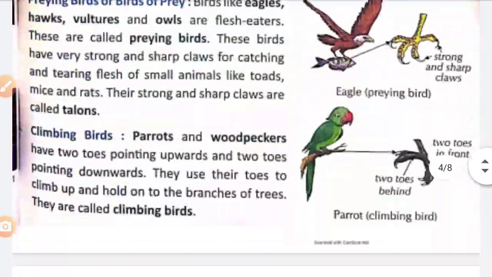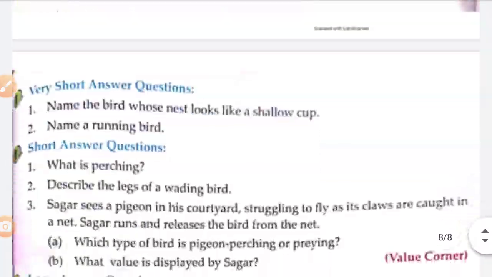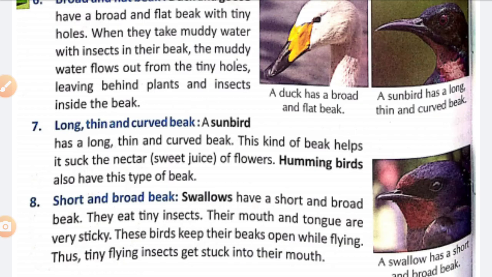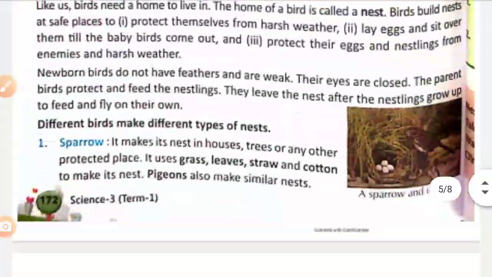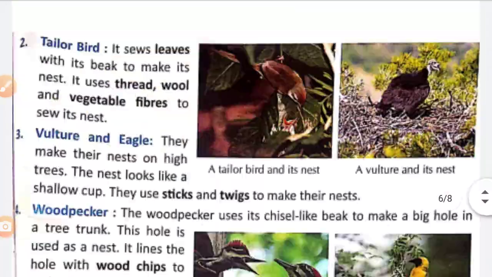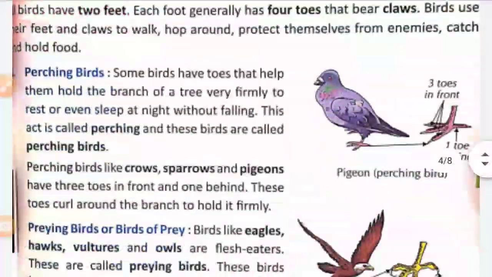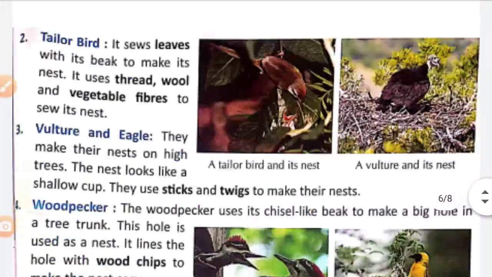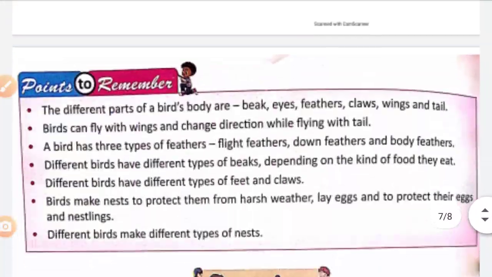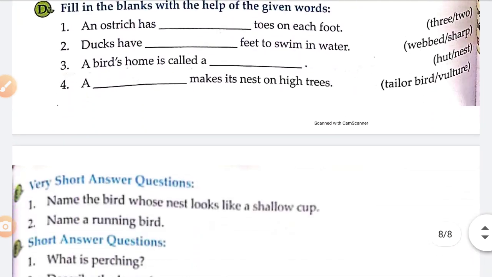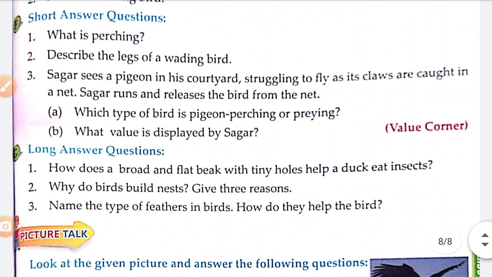Next question is, why do birds build the nest? Give 3 reasons. Which 3 reasons you have shown?